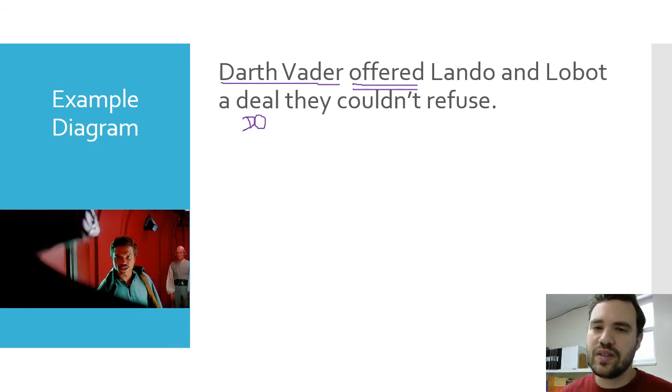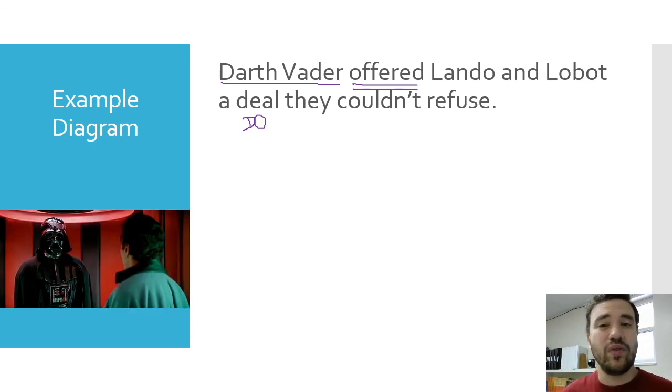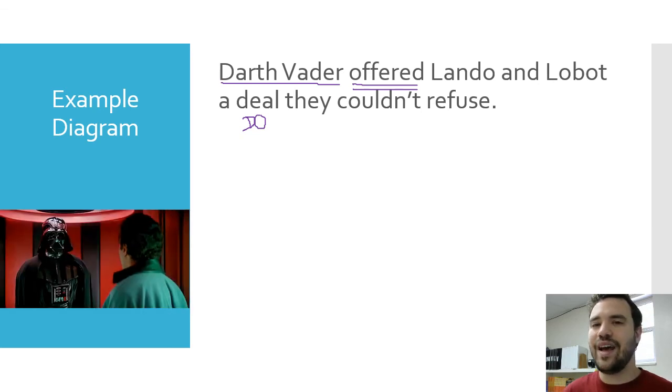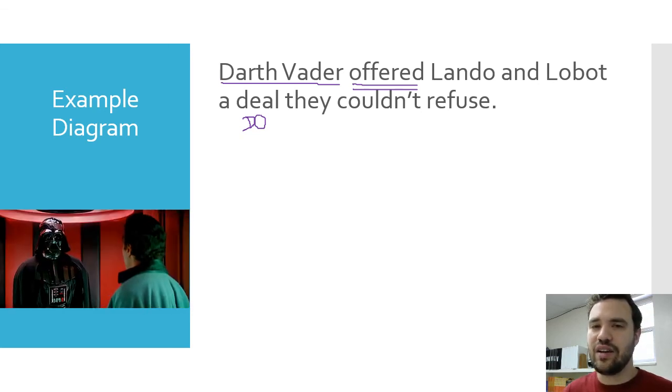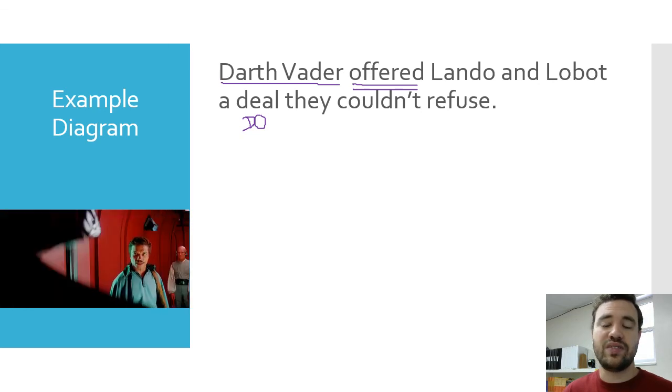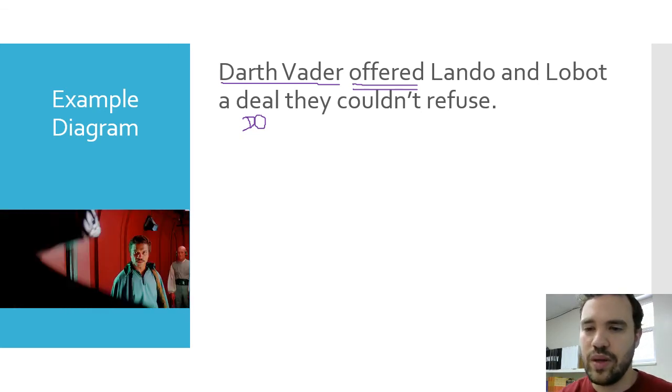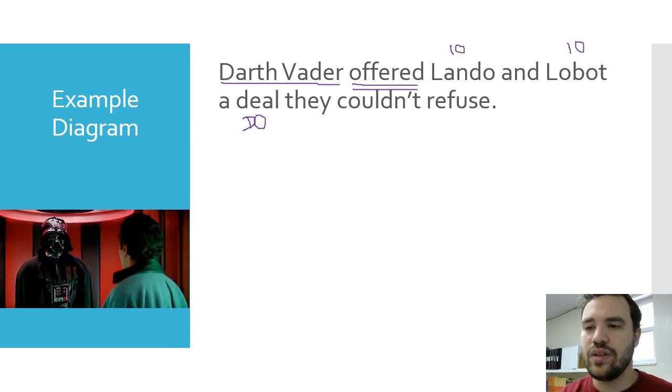Now you notice we've got some words after the direct object, but we're not really concerned about those because we've identified the direct object. Just pay attention to the questions and find answers to the questions, and that will lead you to the words you're looking to diagram. Don't worry about the other words, just find the answers to the questions. So, Darth Vader offered a deal to whom? Well, we've got an answer to that question. We've got two people, Lando, that's one of our indirect objects, and Lobot, that's our other indirect object.